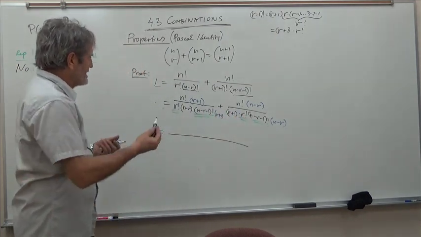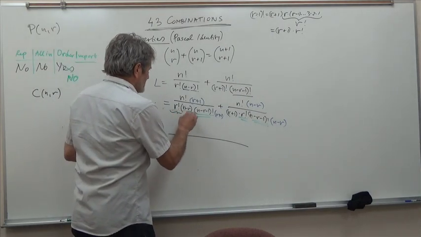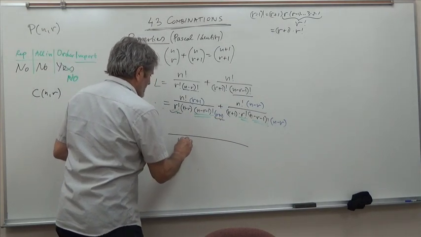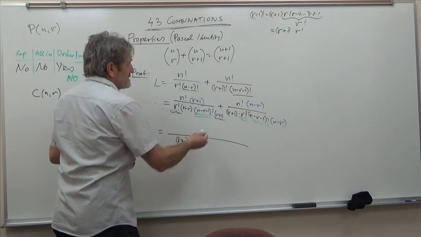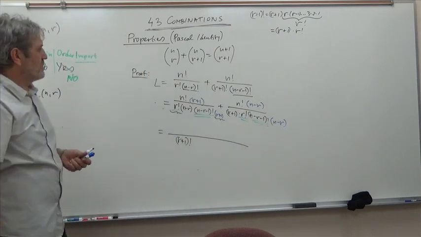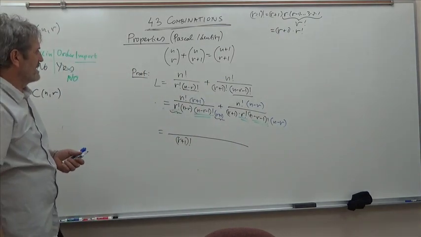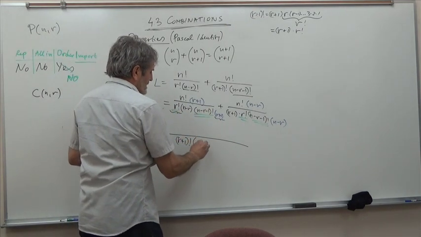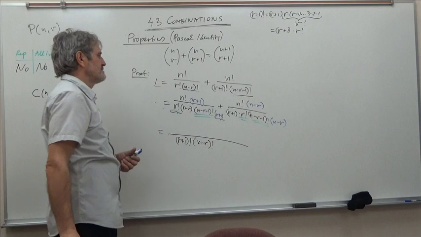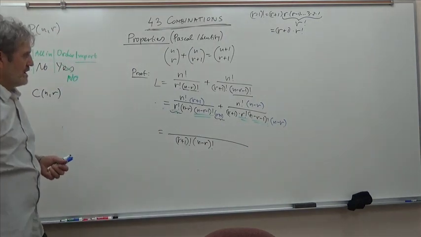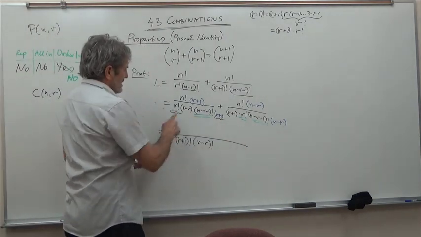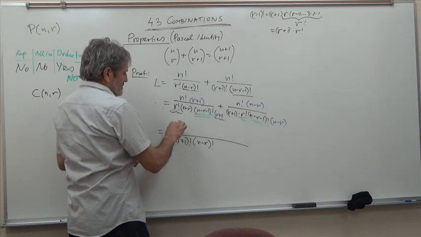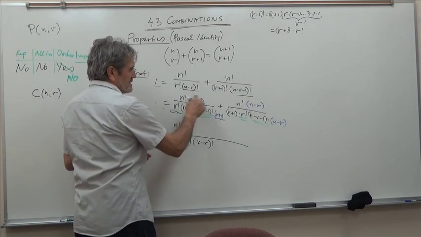I will start packing back. So r factorial times r plus 1 is r plus 1 factorial, the same way as we opened it before. And n minus r times n minus r minus 1 factorial is n minus r factorial. That same discipline. On top, both guys have n factorial, so I'll factor it out.